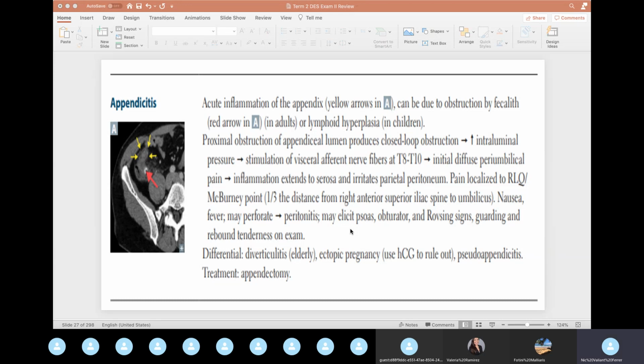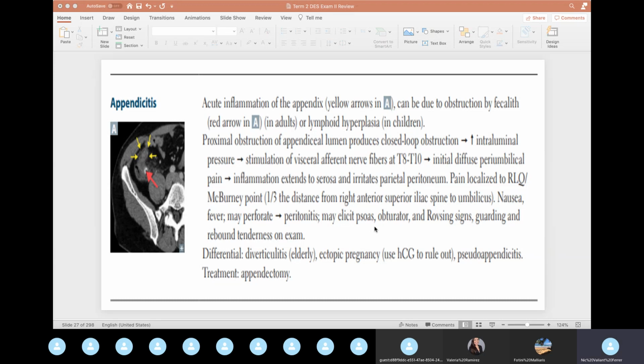When I was in term 2, we had an OSCE, and I remember psoas, obturator, and Rovsing's. They will teach you more of these in terms 4 and 5. You can also have guarding and rebound tenderness on physical exam. I think psoas and obturator sign is when you flex the leg, right?